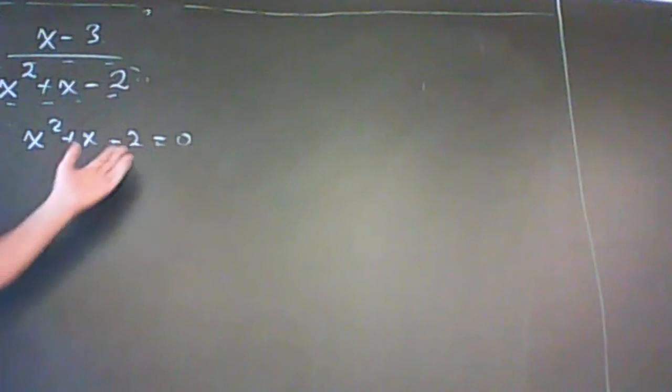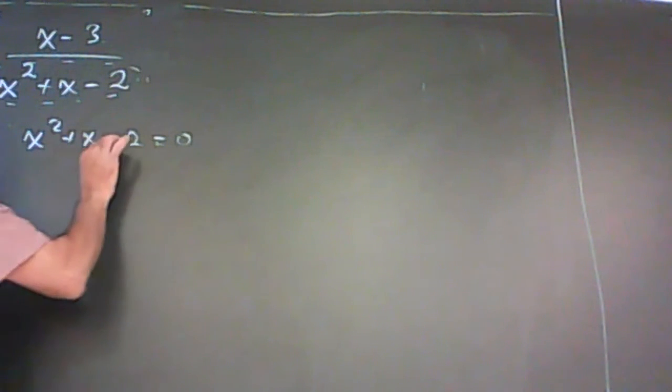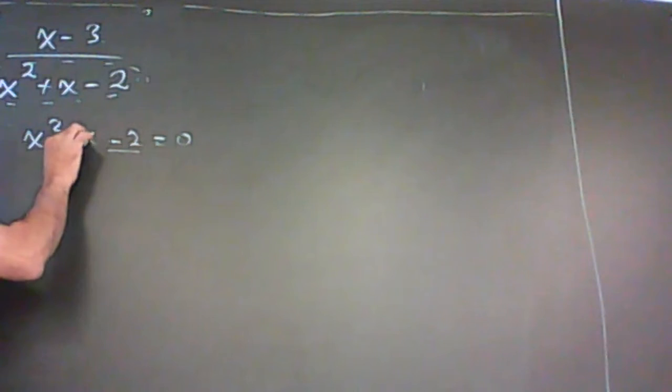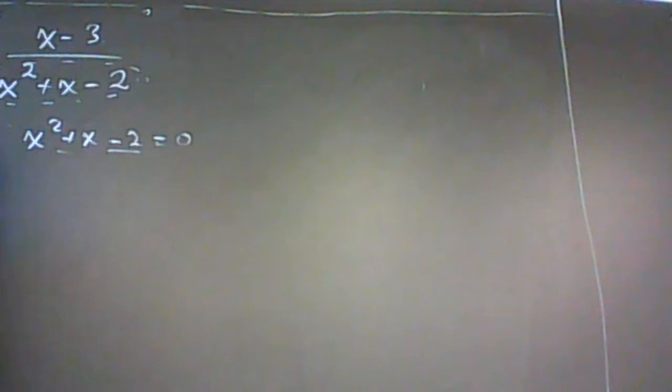This looks like it might be easy to factor. So we're looking for two numbers. When I multiply them, I get negative 2. And when I add them, I get the number in front of x, which is 1. So what two numbers multiply to give negative 2?